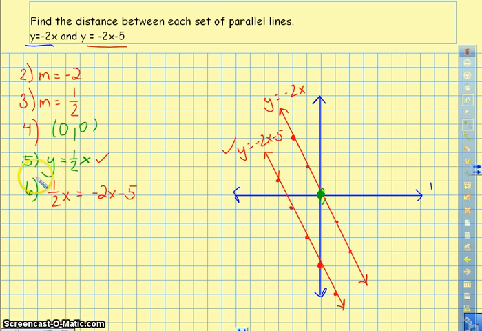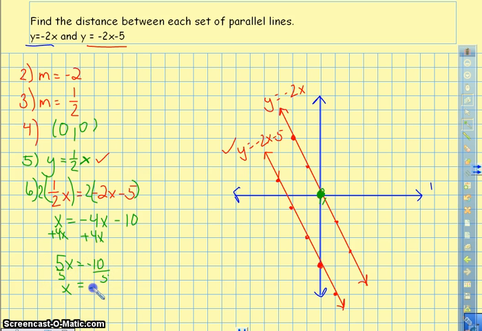I like to get rid of my fractions first, so I'm going to multiply everything through by 2. If you don't want to, you don't have to. I get x equals negative 4x minus 10. Distribute that too. I'm going to add 4x to both sides to get 5x equals negative 10 and divide by 5.